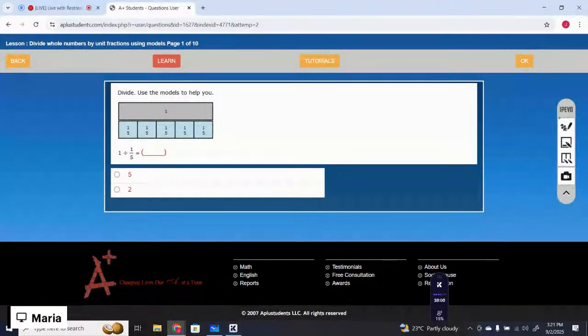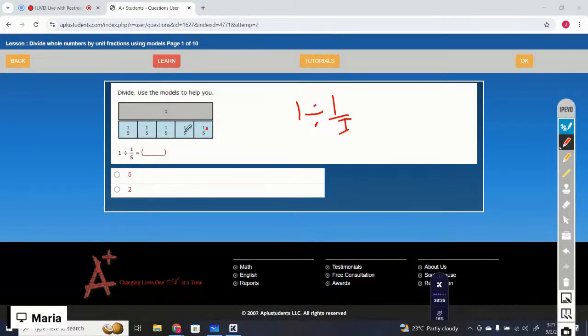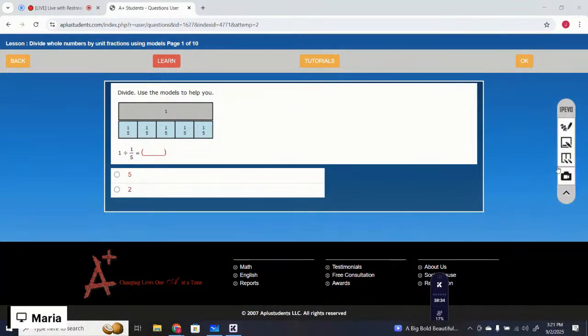So 1 divided by 1 by 5 means you need to divide this one into portions where each portion is 1 by 5, 1 by 5, 1 by 5, 1 by 5, and 1 by 5, right? That means we have 5. The answer is 5. That is 1, 2, 3, 4, 5. So option number 1 is the correct option. That is 5.